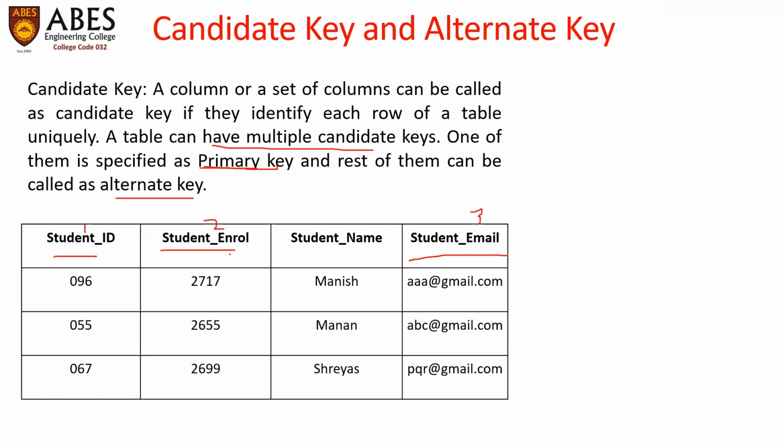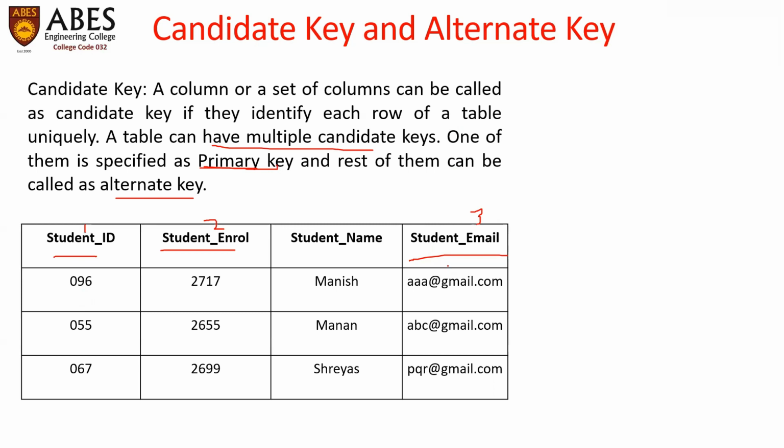Now from among these candidate keys, we are going to select one key which will make the primary key of our table. So we can choose any one, but the concept is that we should choose whichever is most appropriate. For example, we are not going to choose student email because student email can change at a later point of time.